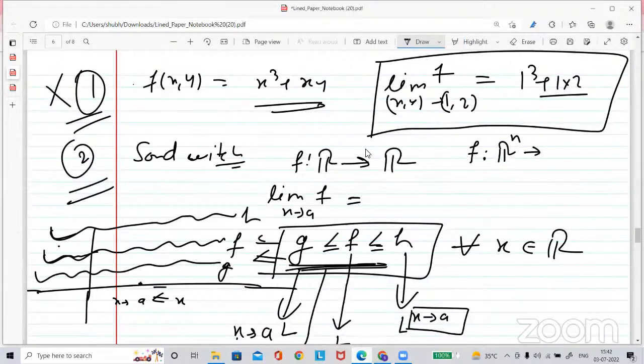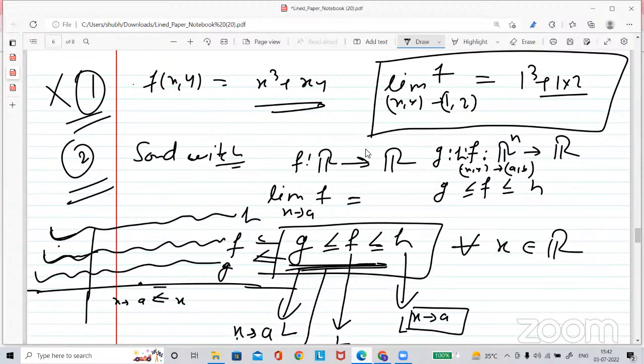Suppose your function is scalar valued, and this condition holds, where g and h are also functions from R^n to R, and we want to find the limit of this function as (x, y) goes to (a, b).